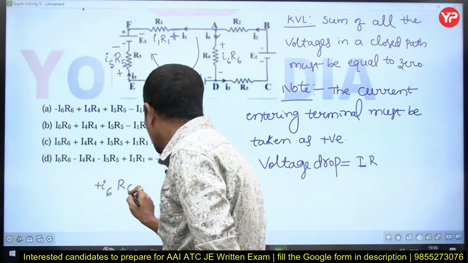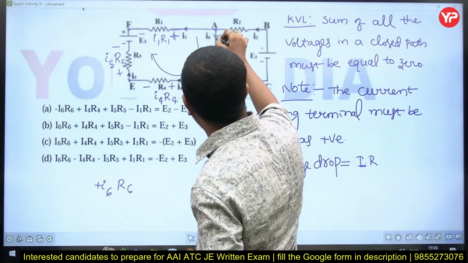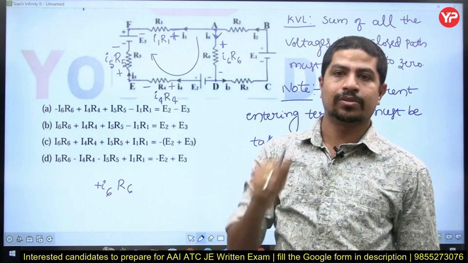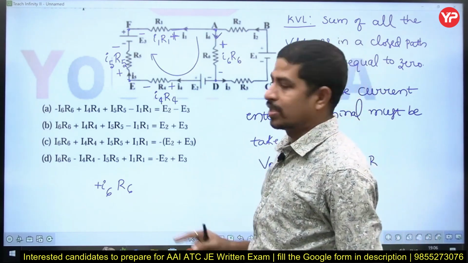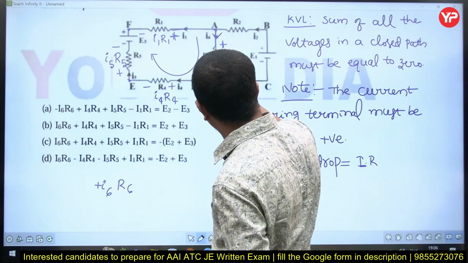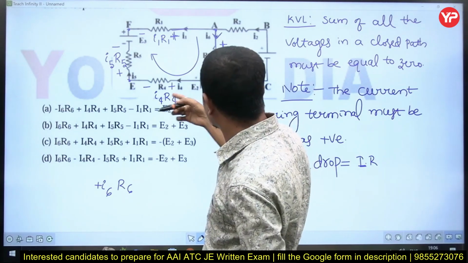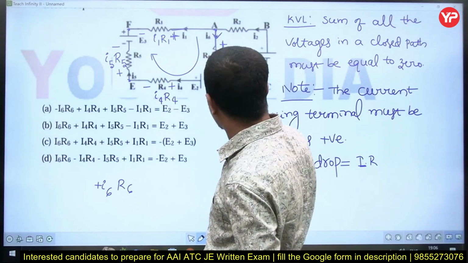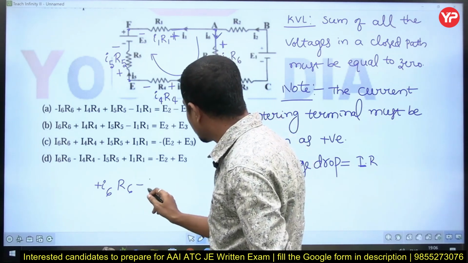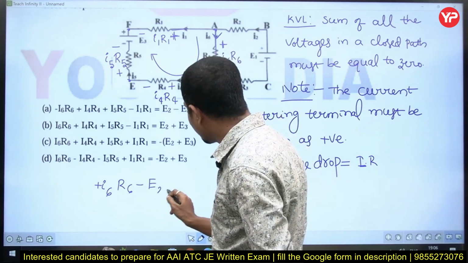Why plus sir? I started at this A, I am encountering plus. That's why I am writing I6 into R6. And I am coming down, down. I am going forward in the direction of D, E, F, A, but I encountered minus, plus, minus, plus, minus E2. Why minus E2?